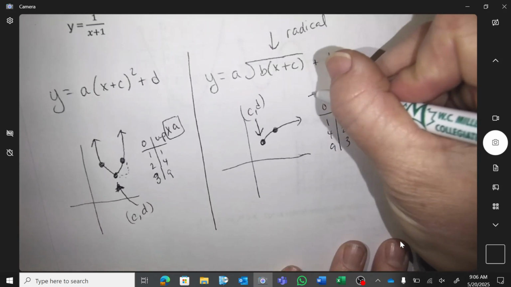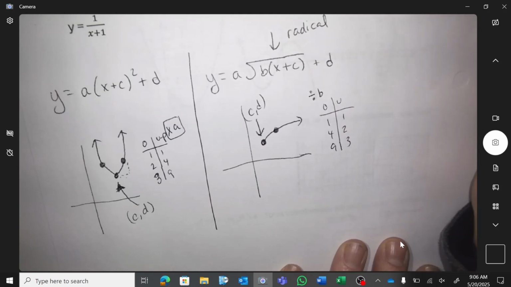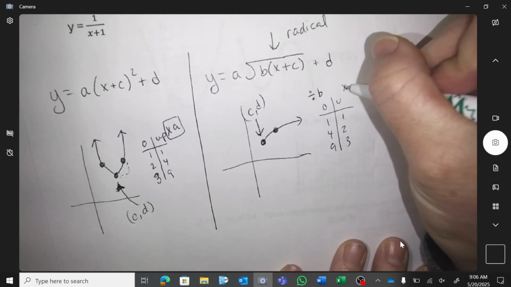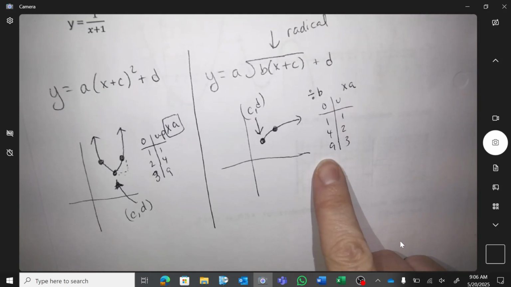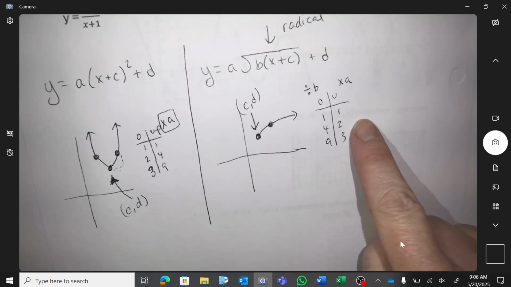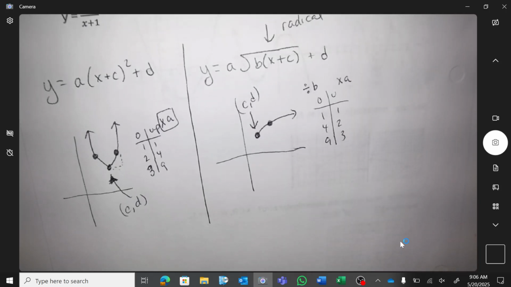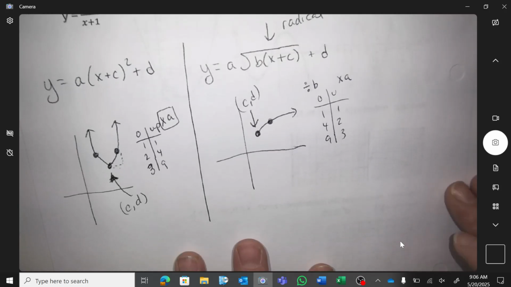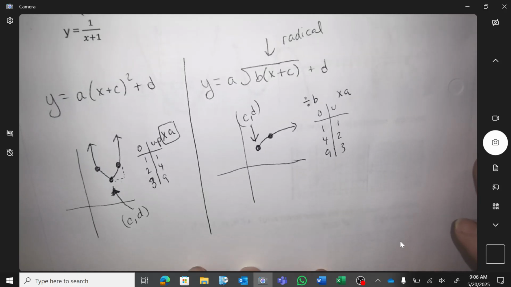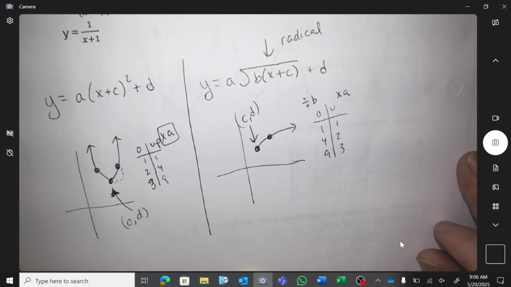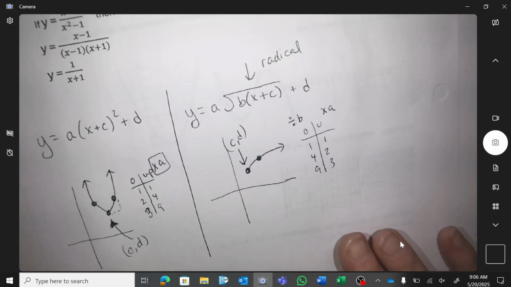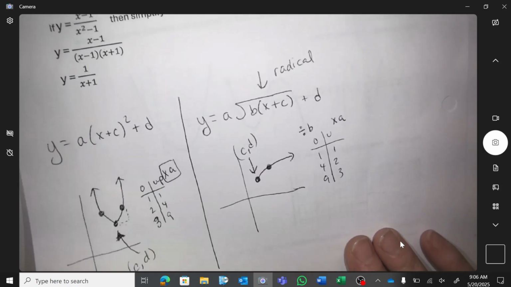We might have to divide this by B. These are X moves, so we can divide them by B, and these are Y moves, so we can times by A, right? Okay? So those are some background things that you might have to just randomly graph in this unit, and that's because it's prior knowledge that you should know.